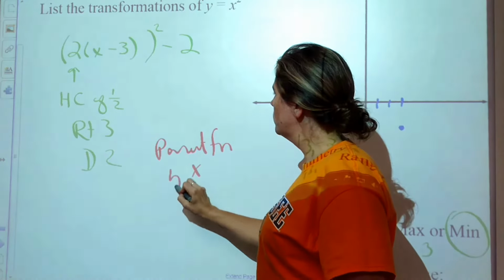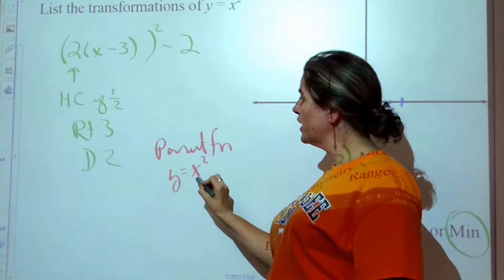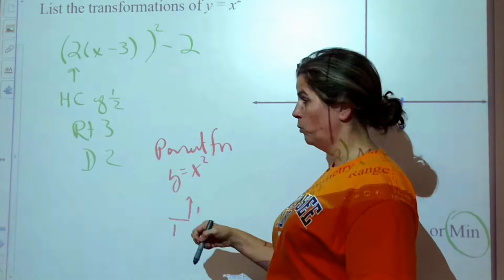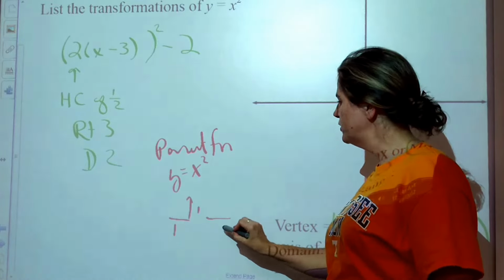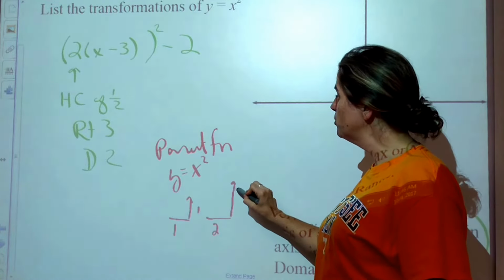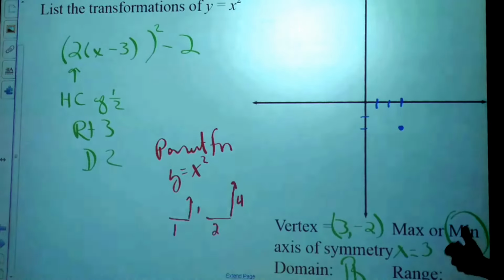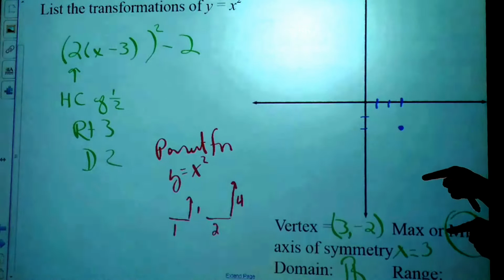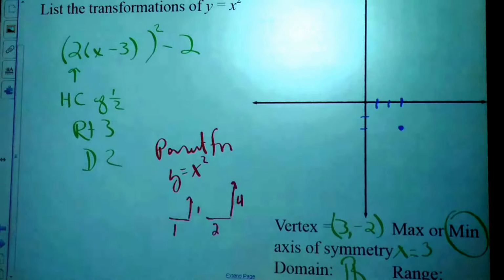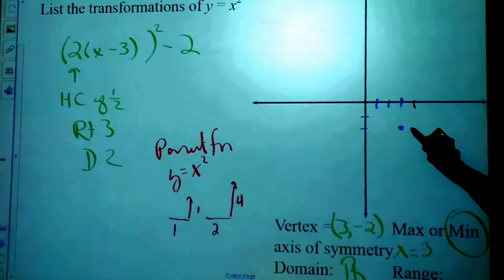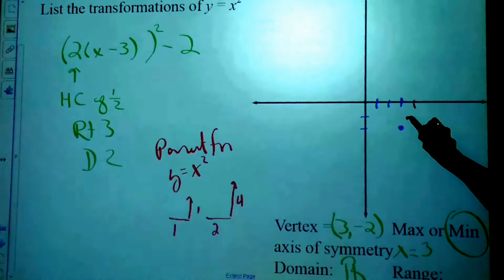We can use y equals x squared, which tells us if we go right 1, we'll go up 1 squared. If we go right 2, we should go up 2 squared, or 4. Right 3, up 9, and so forth. So to do that, I'm now going to have to compress that though. So instead of going right 1, I'll only go half of that, or right a half, but I'll still go up 1 unit.